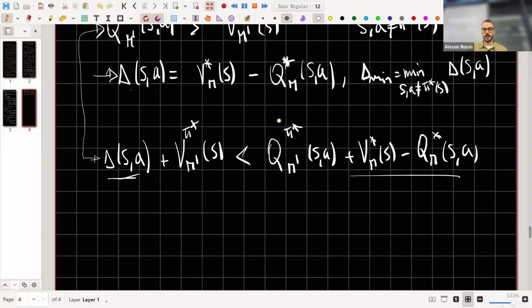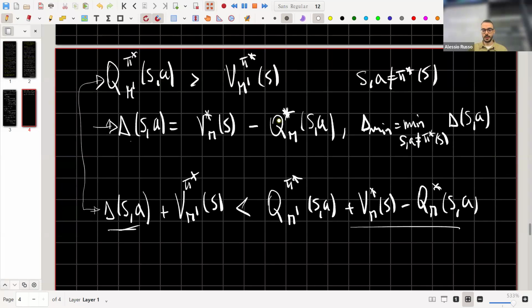The other reason why we want to do this is because from this expression on the right-hand side, we will make explicit the dependency on the Kullback-Leibler divergence between P and P prime, the transition function in the original MDP and the alternative MDP.